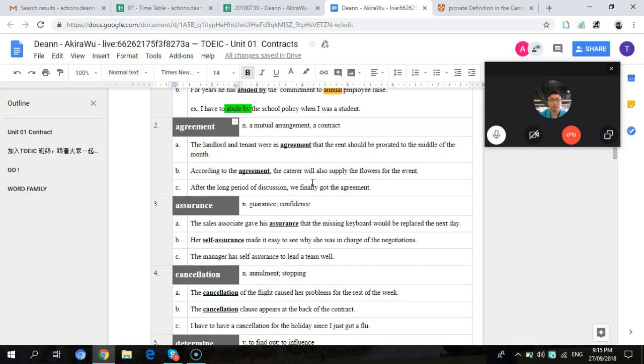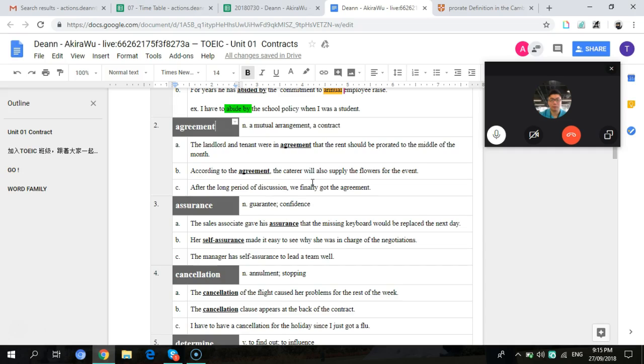Okay, next is a contract. So it's like agreeing with each other about certain policies, or maybe things that you want both of you to follow. Like for example, we will agree that every end of the year we will pay this kind of amount. So that is also an agreement.